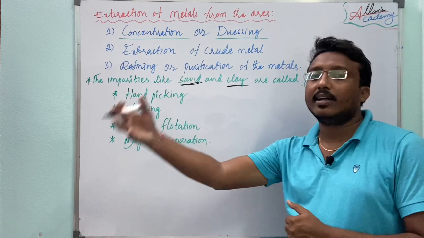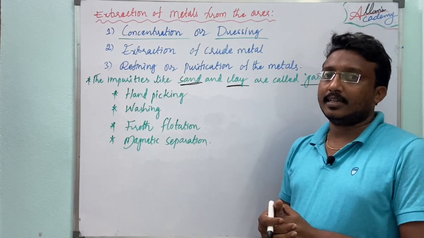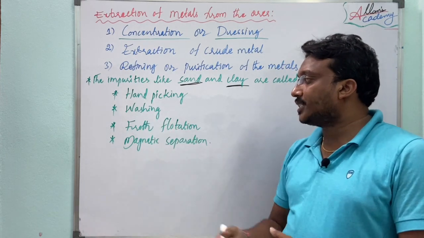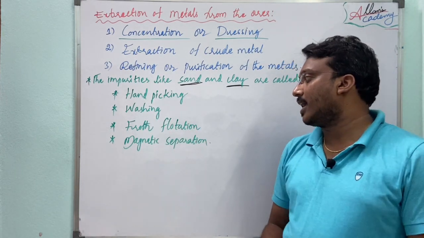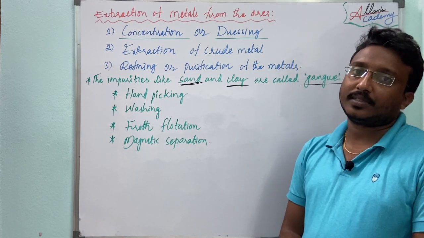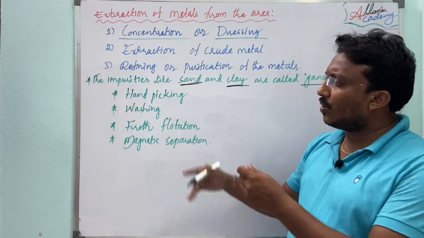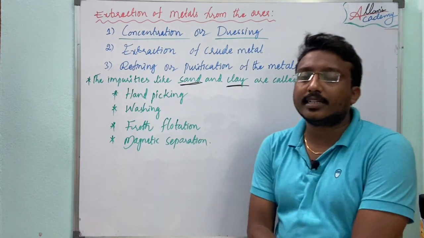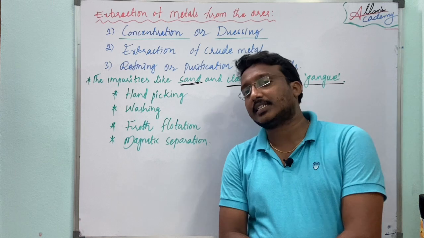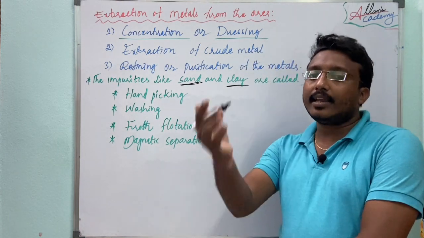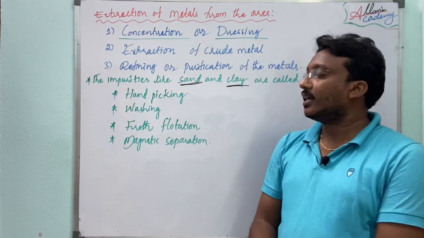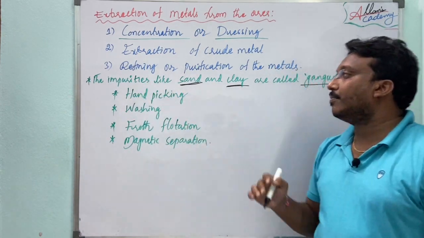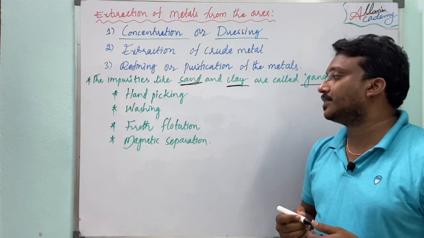Here we have some physical methods: hand picking, washing, flotation and magnetic separation. We have many more methods for dressing or concentration, but you will learn about those in your higher classes. In our 10th class we are going to discuss these 4 methods.